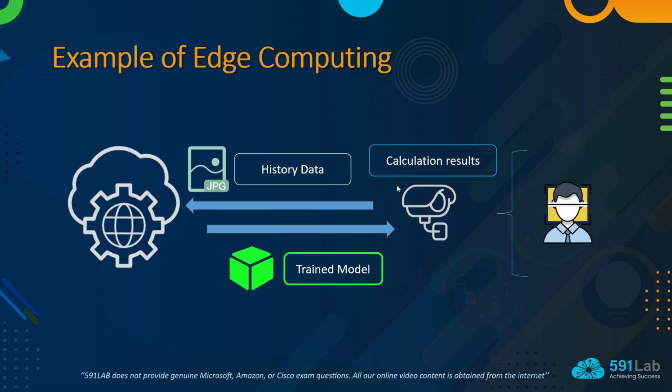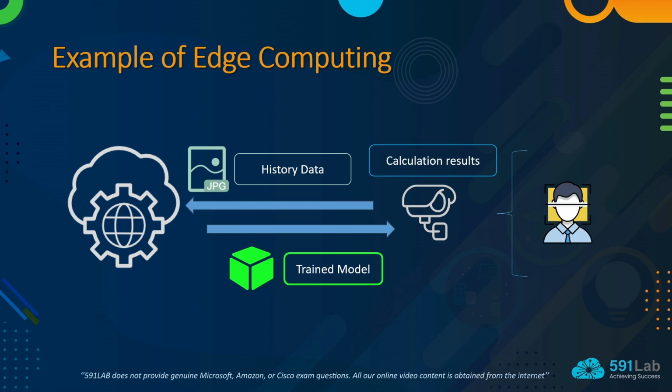In edge computing, this camera will take photos and calculate the results immediately, and then send the JPG file to the Cloud Center. This is the history data. So the Cloud Center uses this new data to train a new model and send it back to every camera. The camera will use this new model to update itself.